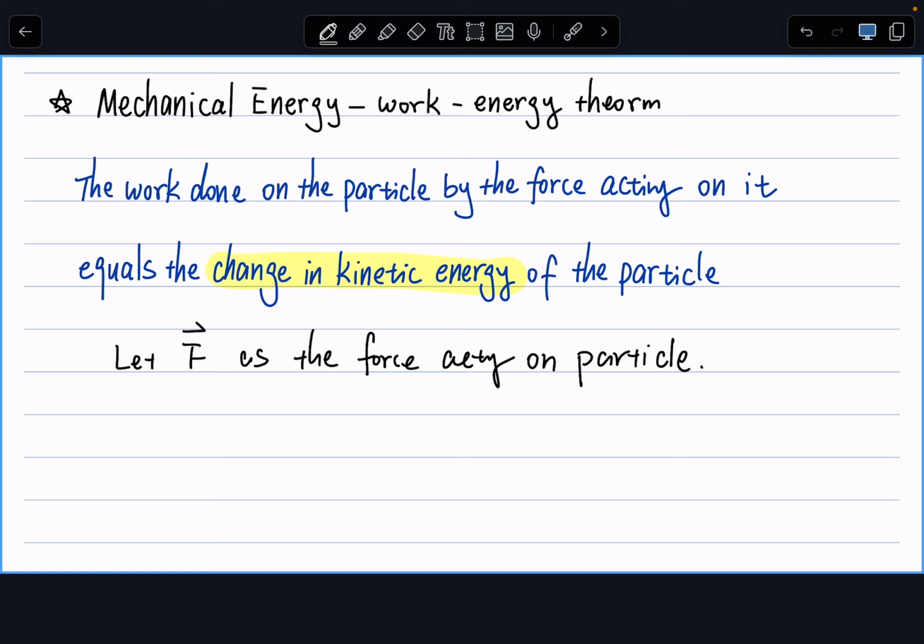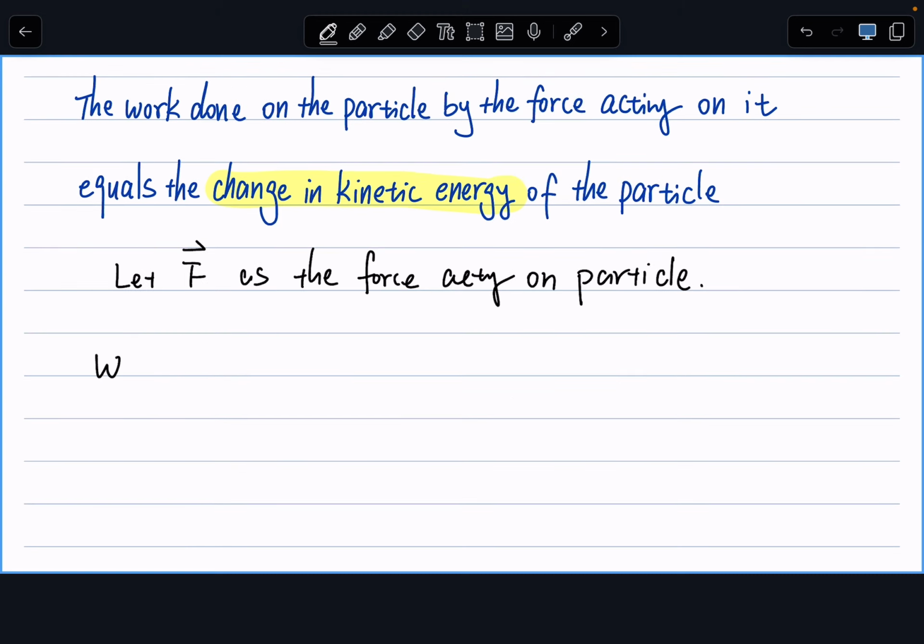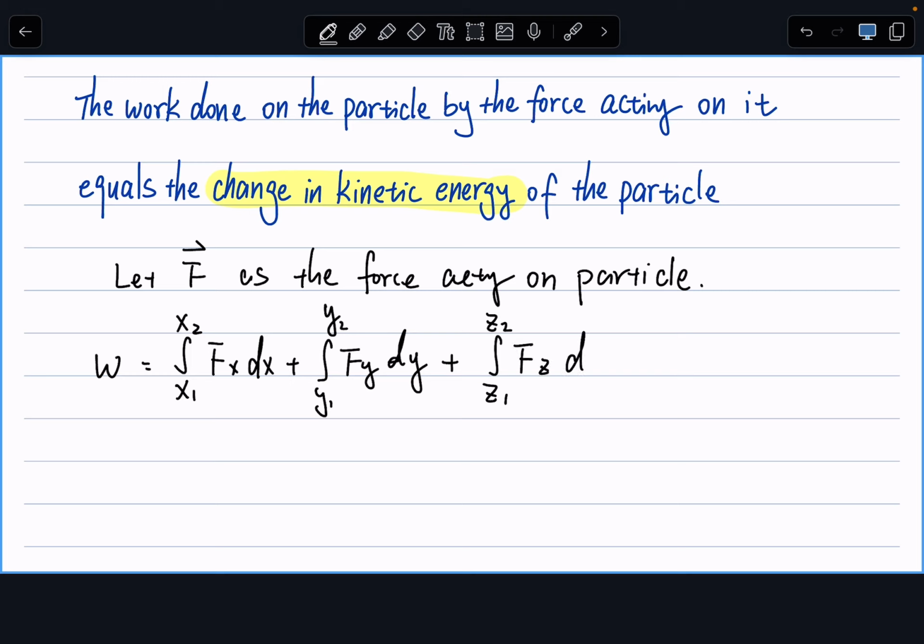Depending on the direction, we can write our total work as the three directions adding up: the integral from x1 to x2 of Fx dx, plus the integral from y1 to y2 of Fy dy, plus the integral from z1 to z2 of Fz dz. You can use coordinates other than Cartesian, but we're just going to stay with Cartesian coordinates for simplicity.